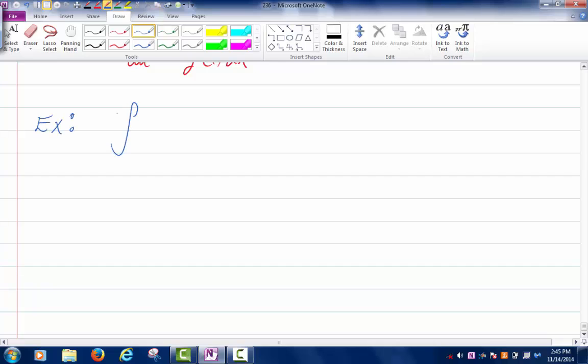Let's say I have the integral of the root of x cubed plus 1, multiplied by 3x squared dx. You have to find the integral of this. Again, a substitution works because the integrand is the composition of two functions multiplied by the derivative of the inside. So if I look at this integrand, there are two factors, right? 3x squared and the root of x cubed plus 1.